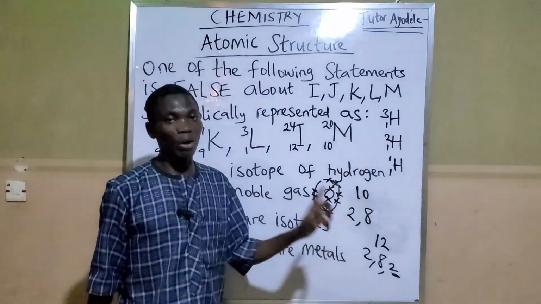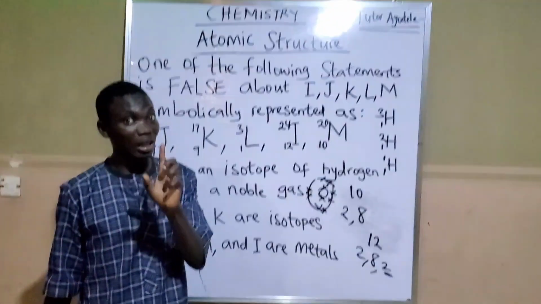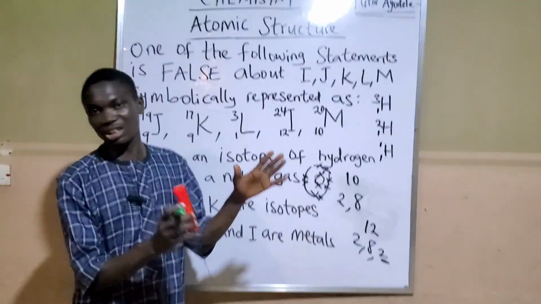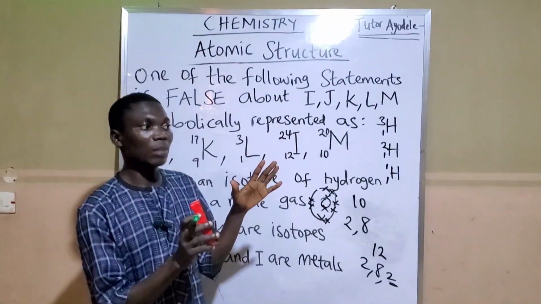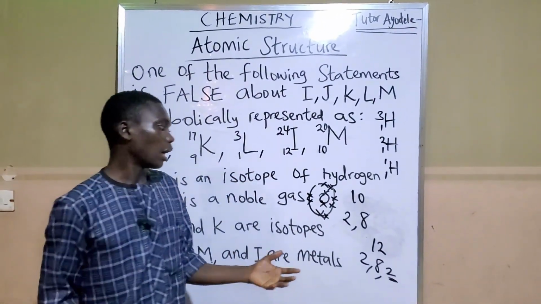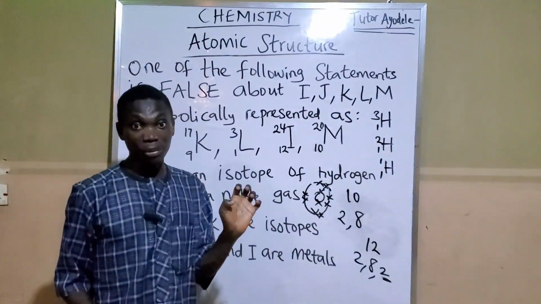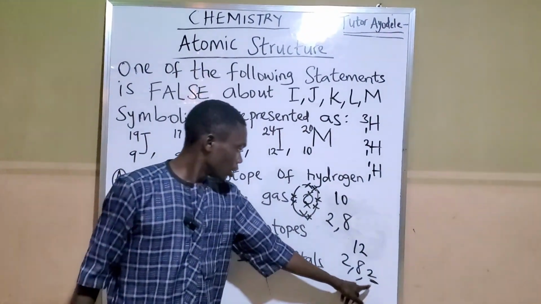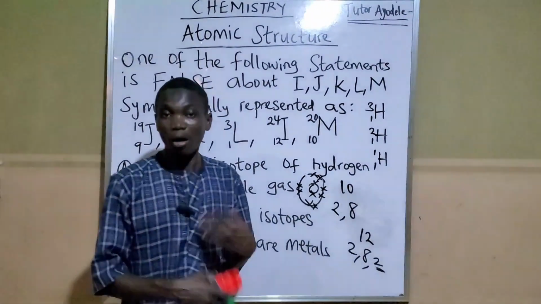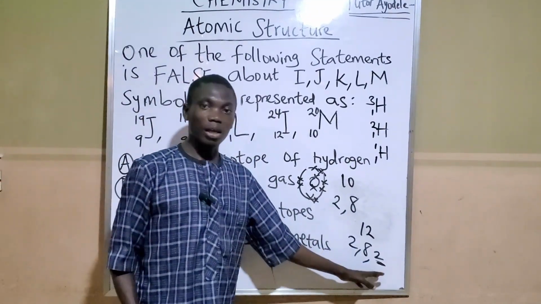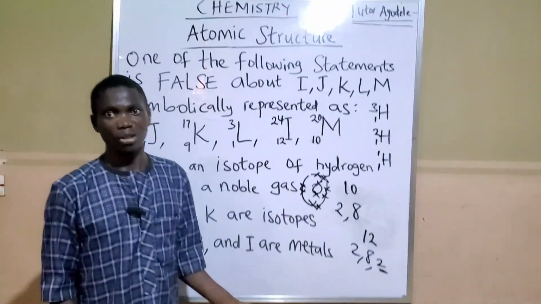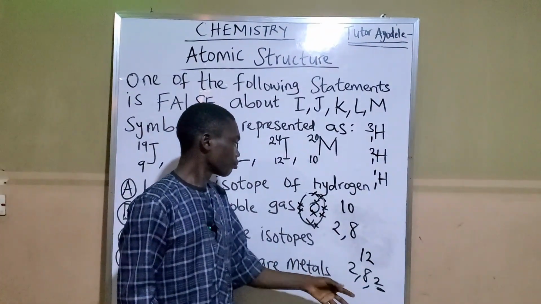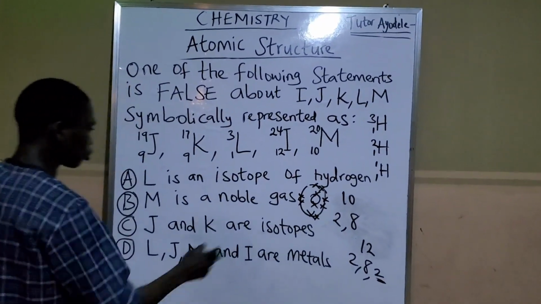Although in group 1 it is only hydrogen that is not a metal. For convenience, hydrogen is classified as group 1, but it's not a metal. But others are metals. Group 2, they are all metals. Group 3, aluminium family, are metals.